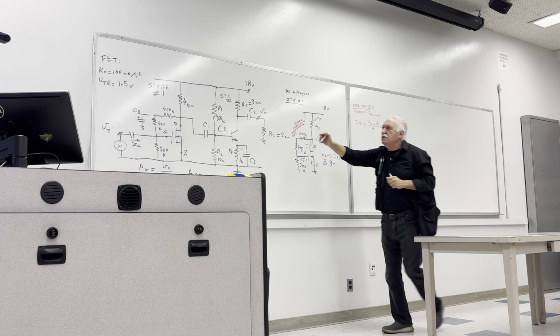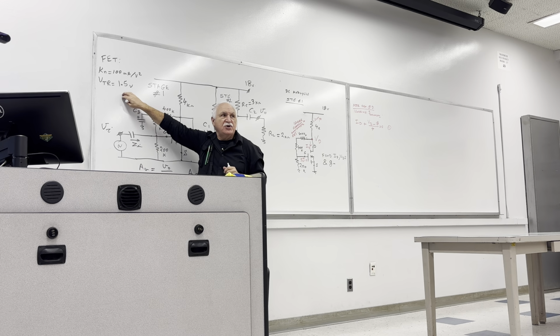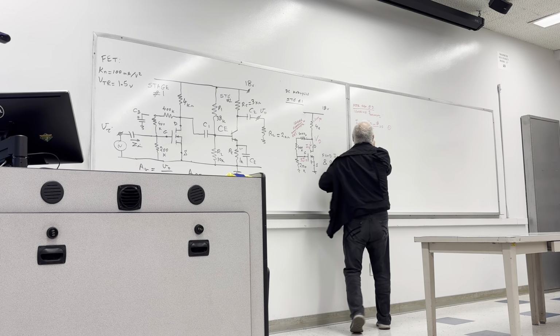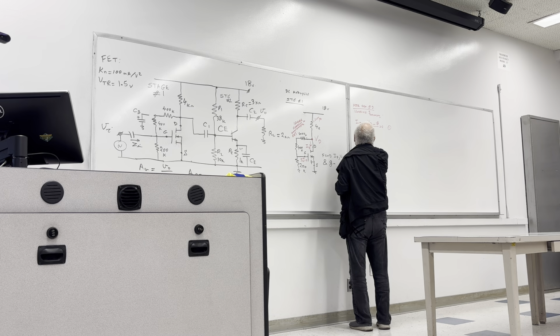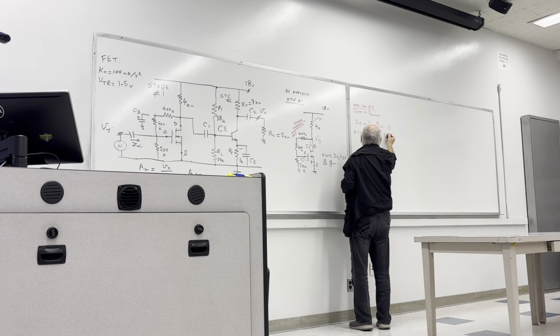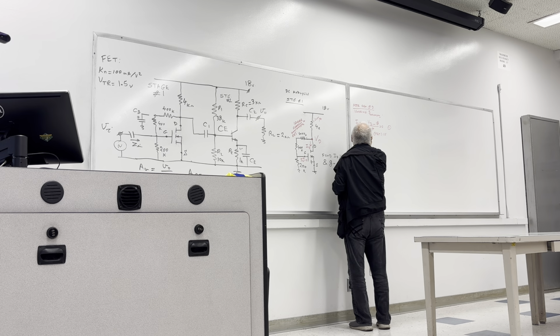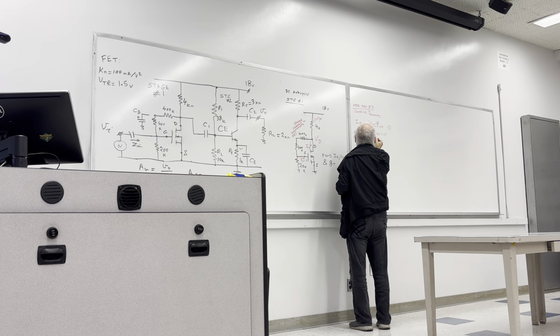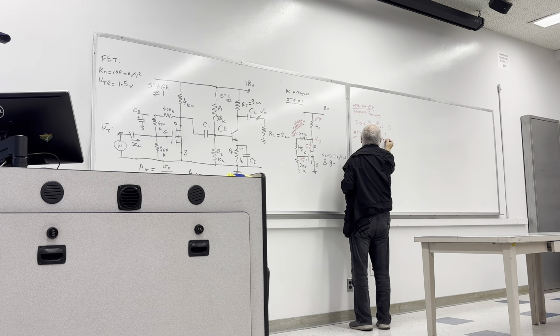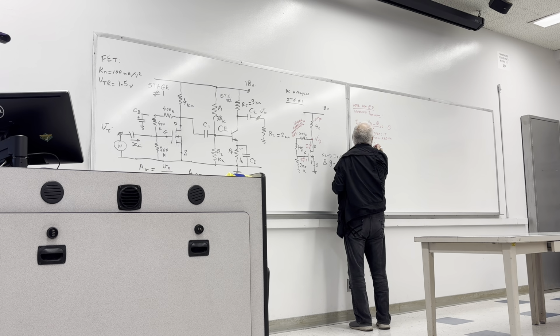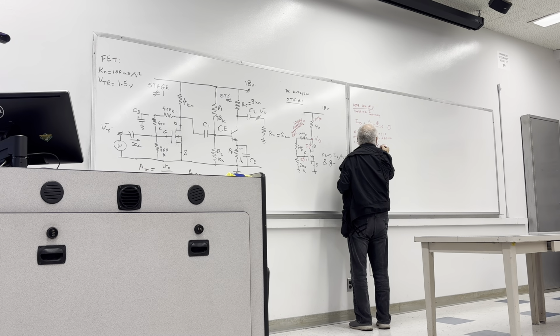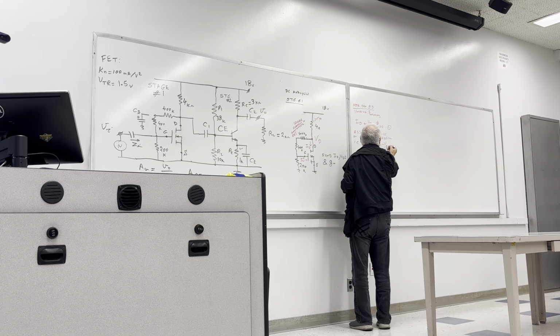Now, incorporate these equations. Transistor equation. Assume transistor that is fed is in saturation region, i.e. V of the drain to source is greater or equal to VGS minus VTH.